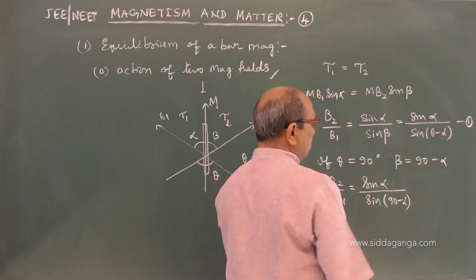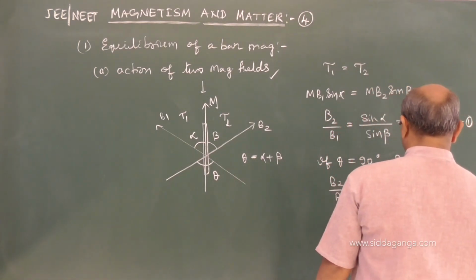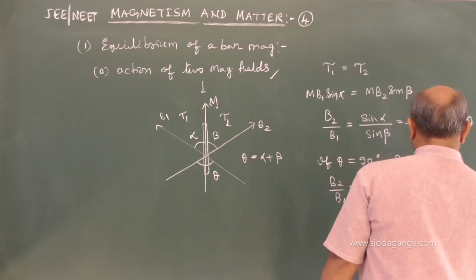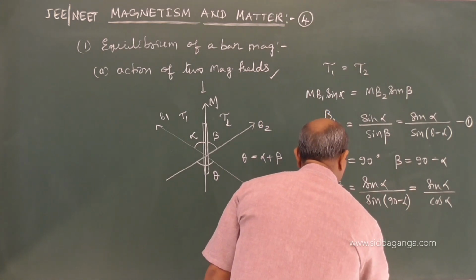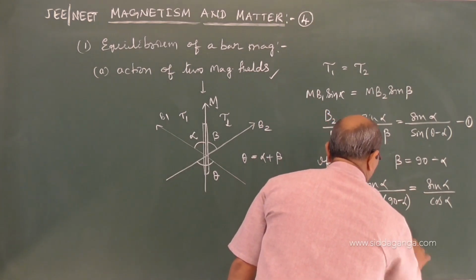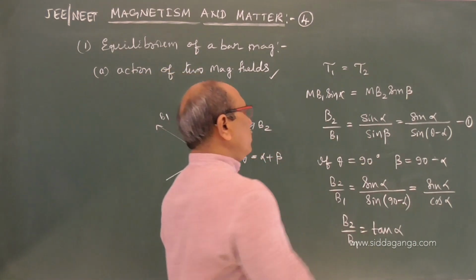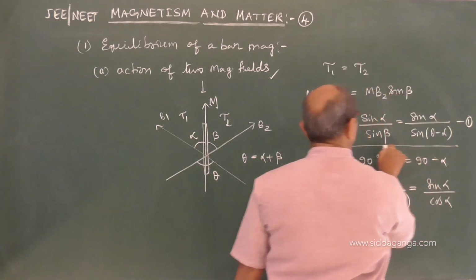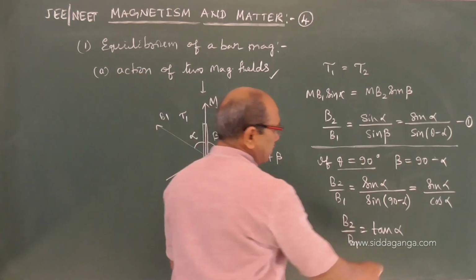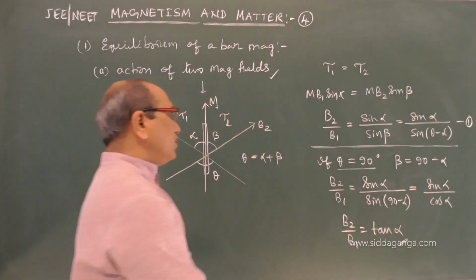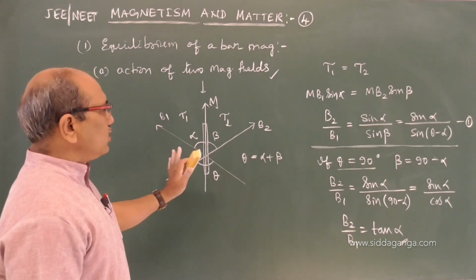You know, sine of 90 minus alpha is equal to cos alpha, so B2 by B1 equals sine alpha by cos alpha, or B2 by B1 equals tan alpha. Condition is angle 90 degrees. Otherwise, you can use this condition of equilibrium for any angle theta. If alpha plus beta is 90 degrees, then this relation becomes tan alpha. It is an action of two magnetic fields. The condition observed is this.